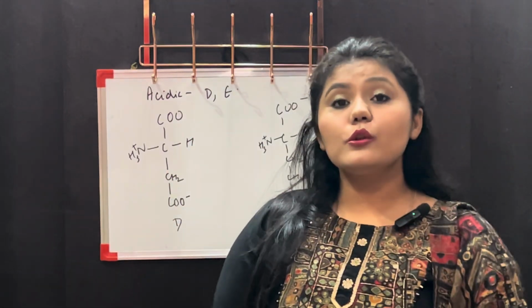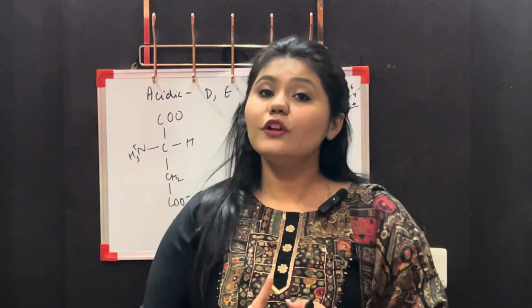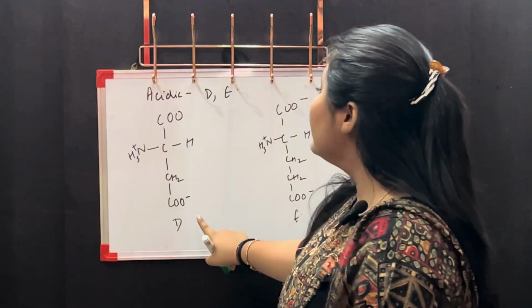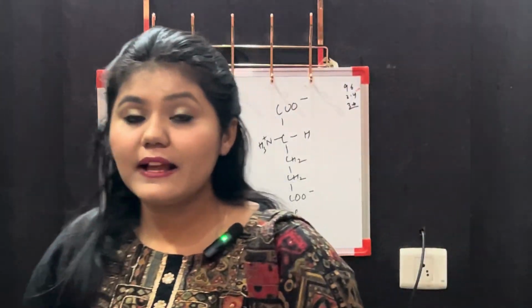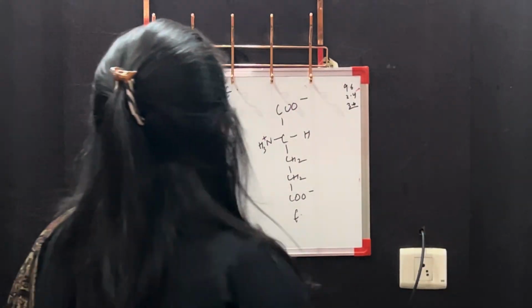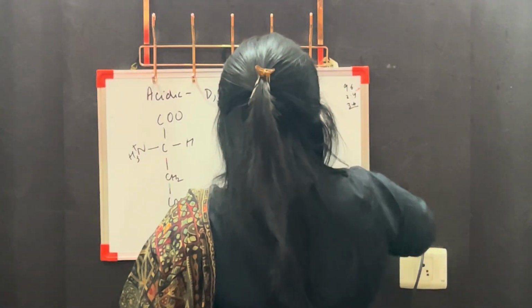Today we are also going to learn about the titration curve of an amino acid, as I promised in the previous video. Now we are going to draw the titration curve of aspartic acid. Just focus on the board. It's a very, very important topic.